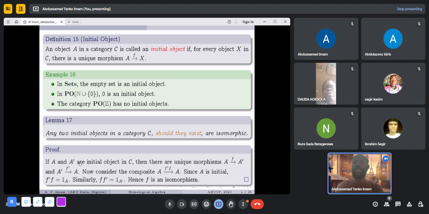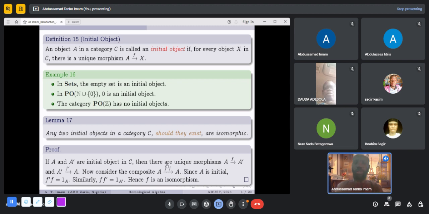So there is a unique morphism f from A to A prime, and again a unique morphism f prime from A prime to A. But now consider the composite from A to A. Since A is an initial object, there should be a unique morphism from A to A itself. This composite is from A to A, so it must be the identity morphism.